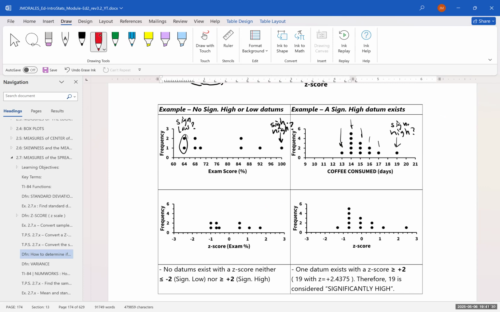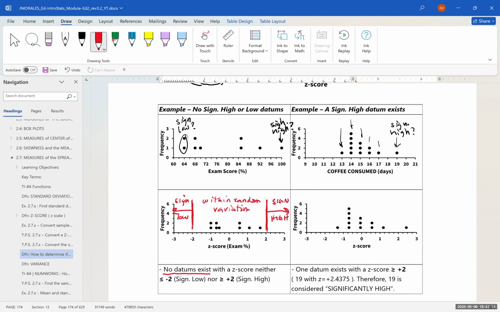If we draw those boundaries at +2 and -2, any data points out here would be considered significantly high, and any values out here would be considered significantly low. In the middle is within random variation. In this example, no datums exist with a z-score below -2 or above +2, so none of these are significantly high or low. They're all just clustered together.